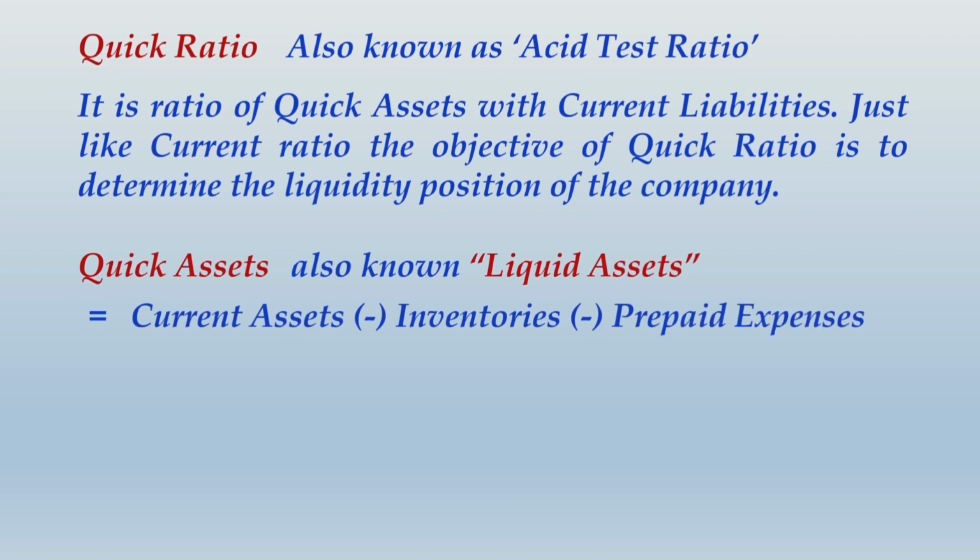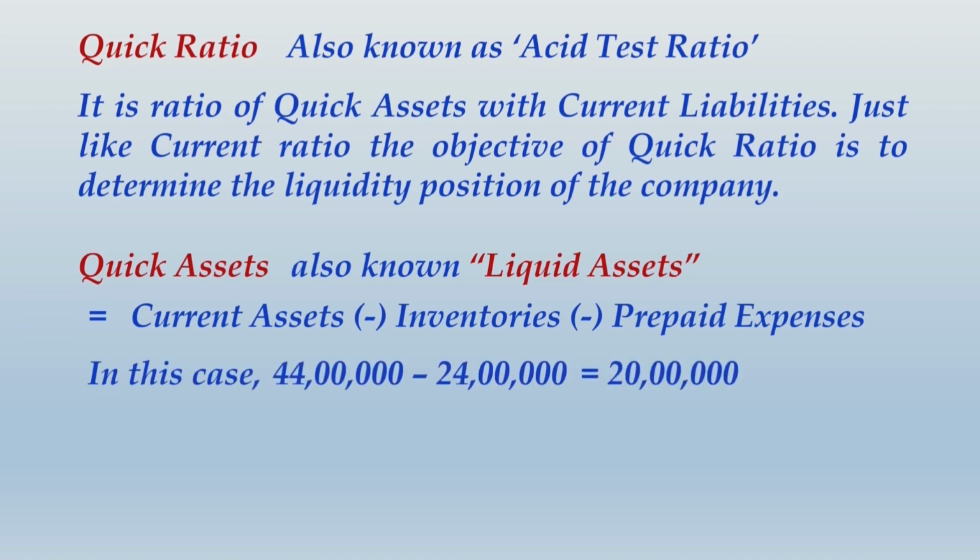These are current assets minus inventories, or you can call it stock in trade, and minus prepaid expenses. So I told you inventory and prepaid expenses are such components of current assets which are not easily convertible into cash. So they will never form part of liquid assets or quick assets. In this case, it will be 44 lakhs minus 24 lakhs, that is 20 lakhs.